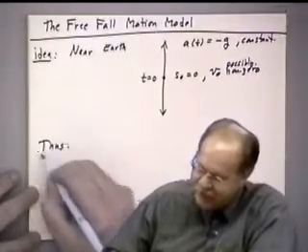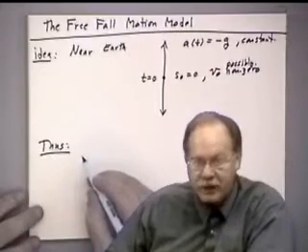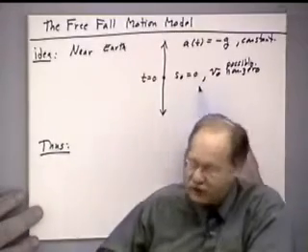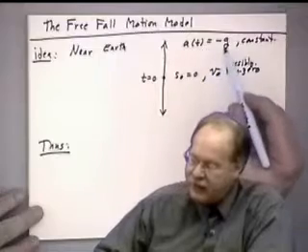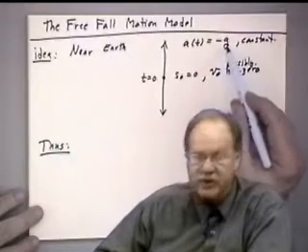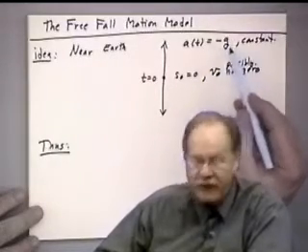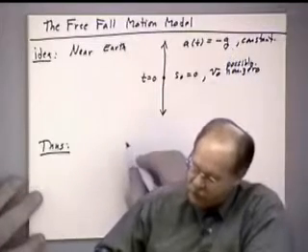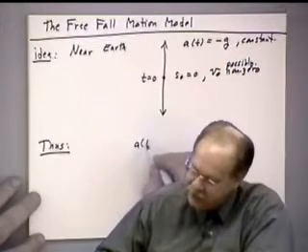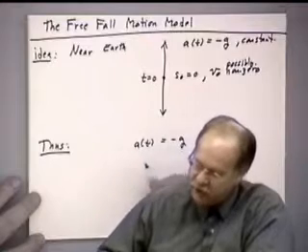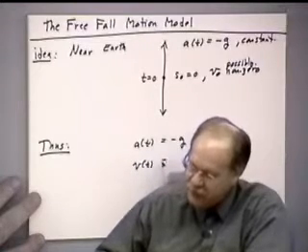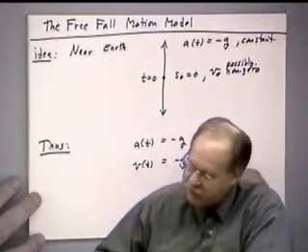Thus, if we take the uniformly accelerated motion model and put it in this context, all that happens is that the a, the constant that represents acceleration, is now minus g. And we actually have a value for this we'll use later. So in this situation, we have a of t equal to minus g, which means that v of t becomes minus gt plus v0.